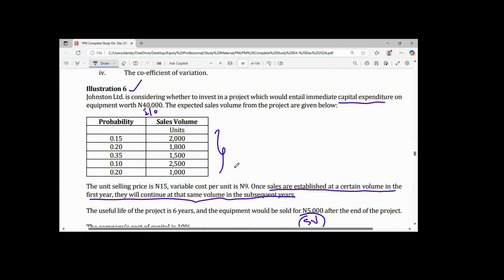The examiner has given you the selling price of 15 naira and the variable cost of 9 naira. Therefore, you calculate contribution per unit. Let me stop sharing this and move to the working notes so that we can solve as many questions as possible.